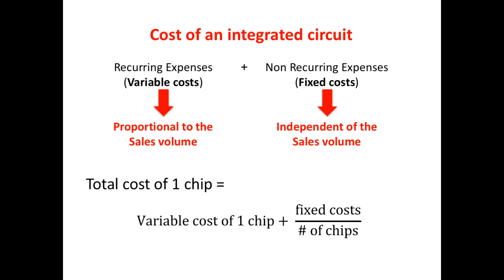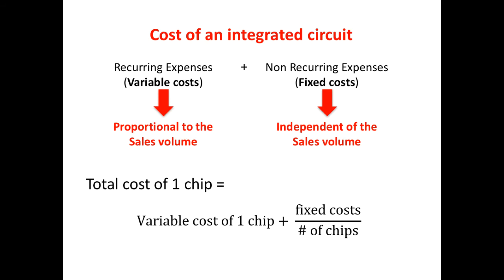The recurring expenses are the so-called variable costs, and essentially, to say it in the simplest way, the recurring expenses are the expenses that are proportional to the sales volume.